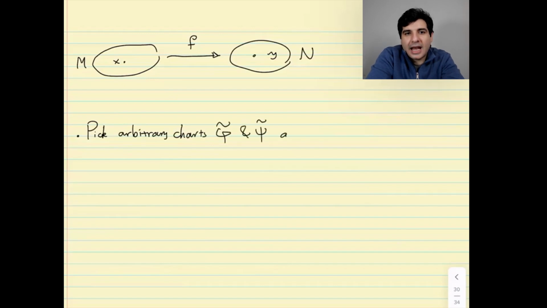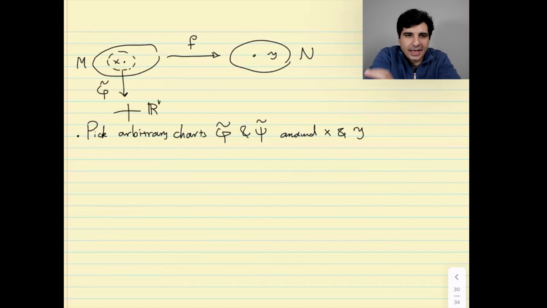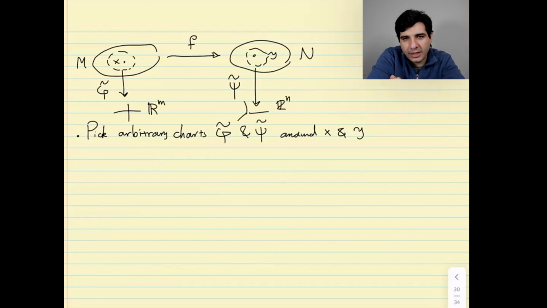So just pick any arbitrary chart for M around X and any arbitrary chart for N around Y. Let's denote them with phi tilde and psi tilde. So phi tilde is any diffeomorphism from a small neighborhood of X in M to Rm, and psi tilde is a given diffeomorphism of a neighborhood of Y in N to Rn. We just pick two arbitrary maps, right?